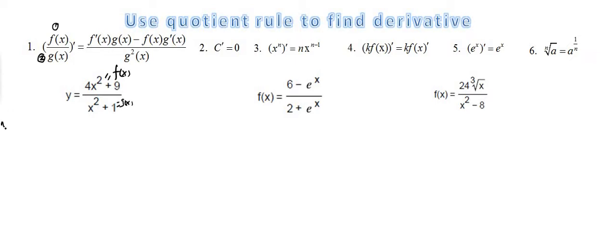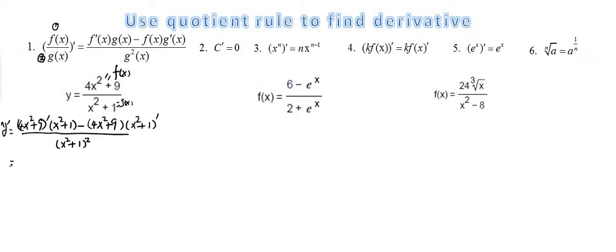So we have y prime, that means the derivative of the first function times the second function, subtract the first function times the derivative of the second function, divided by the second function squared.